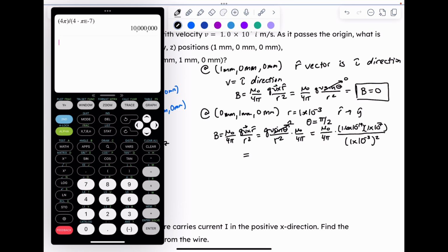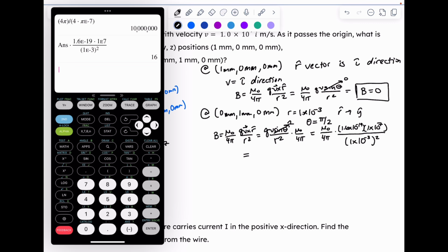Multiplying that by 1.6 e negative 19 times 1 e 7 over 1 e negative 3 squared.